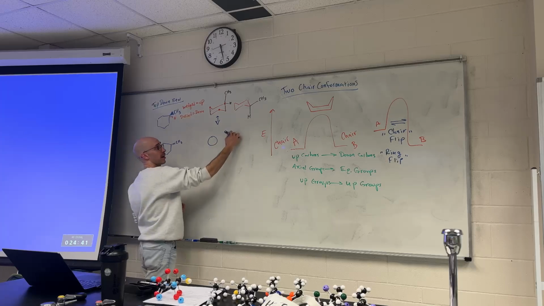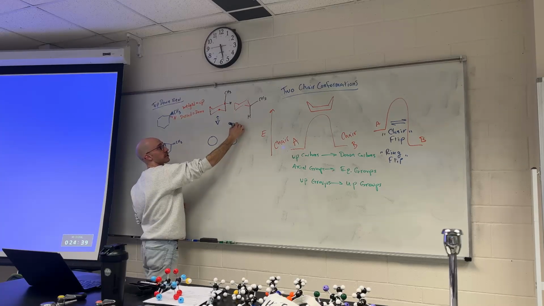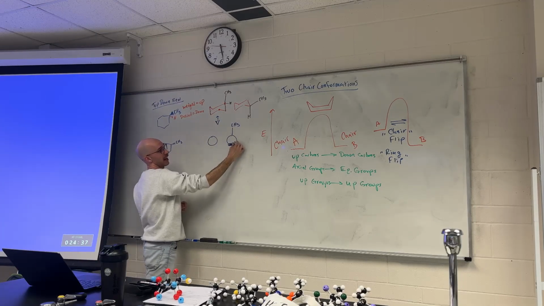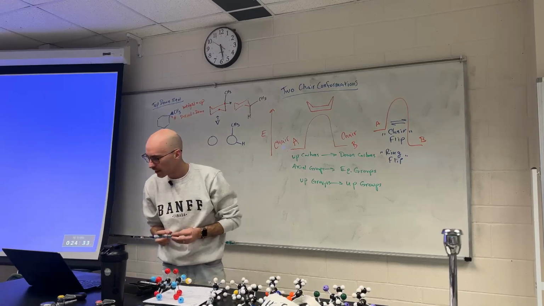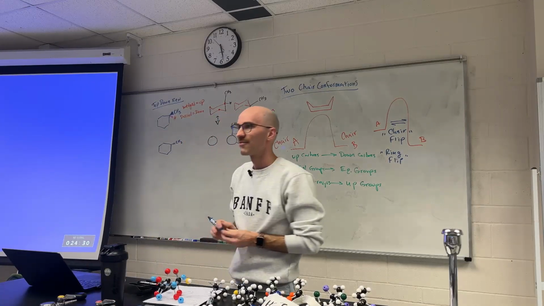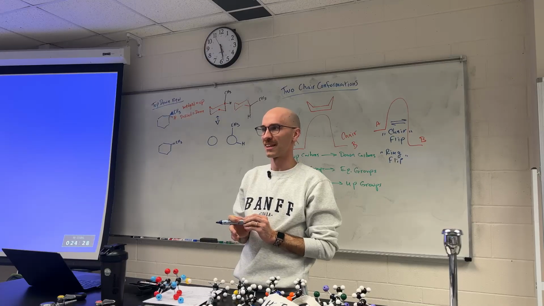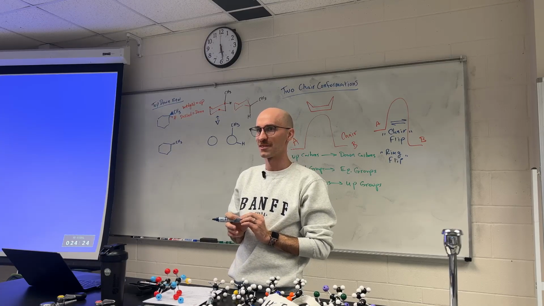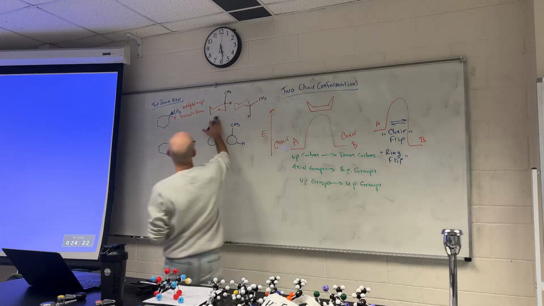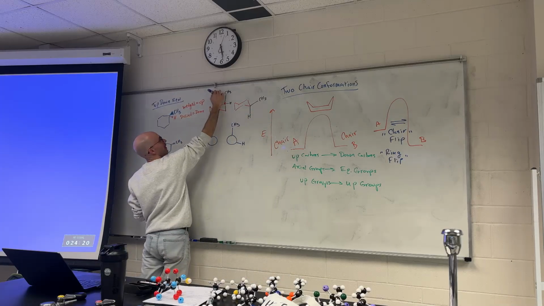So that back carbon has a methyl group that comes straight up, and it has a hydrogen that is down equatorial. You know what? I didn't check. Did I? It doesn't match the template that you have. Dang. It's just upside down. Do you know what? We can take the perspective backwards, and then it will work.